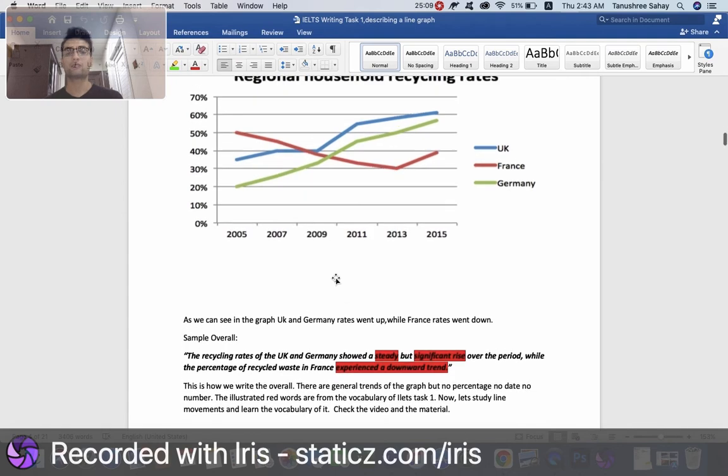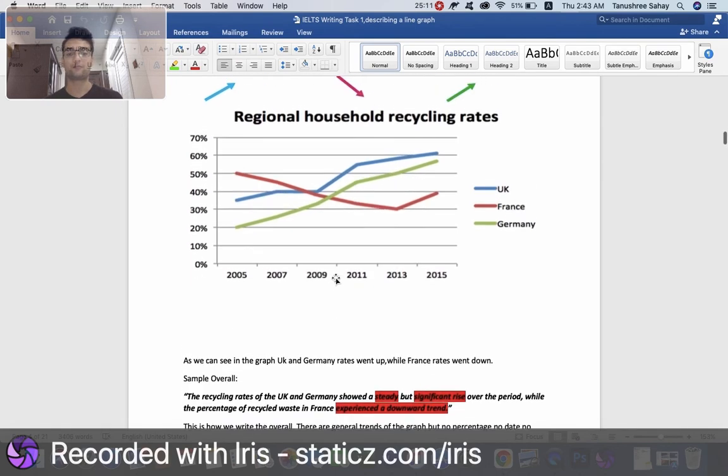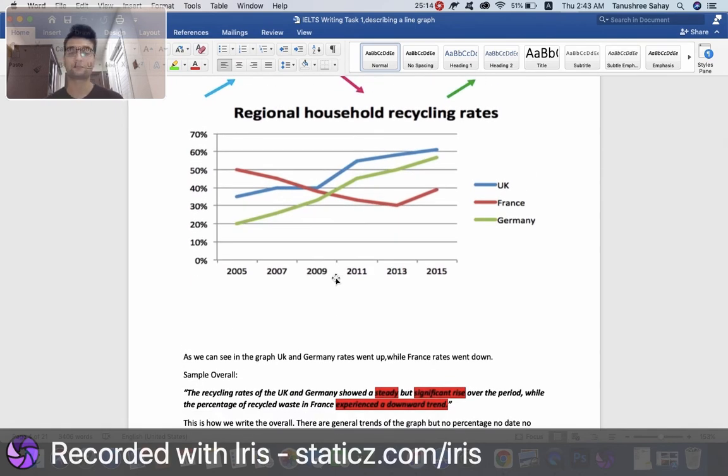The recycling rates of the UK and Germany showed a steady but significant rise. The words steady and significant rise, which are highlighted in red, are the definite explanation of the movement.